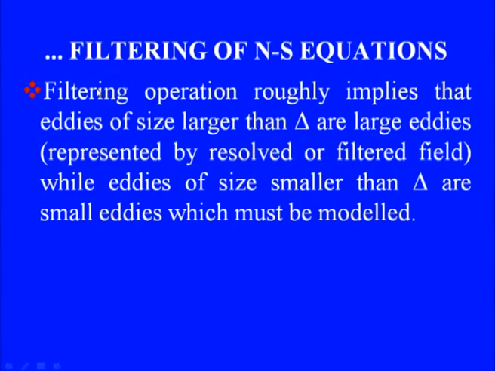Okay, let us see what this filtering operation implies. It basically says that eddies of size larger than delta are large eddies, and they represent a resolved or filtered field, while eddies of size smaller than delta are small eddies which are filtered out by this filter and which must be modeled.